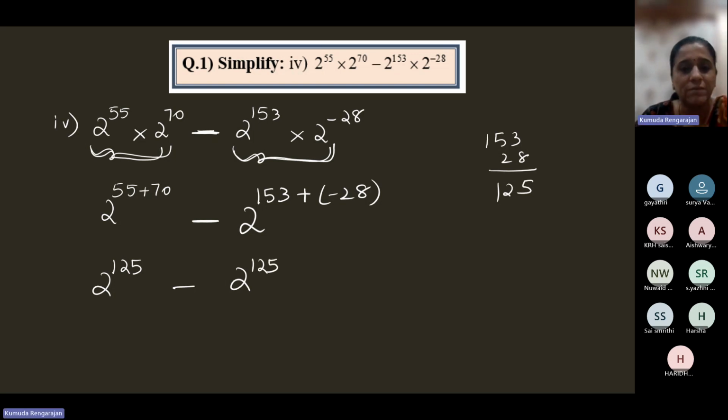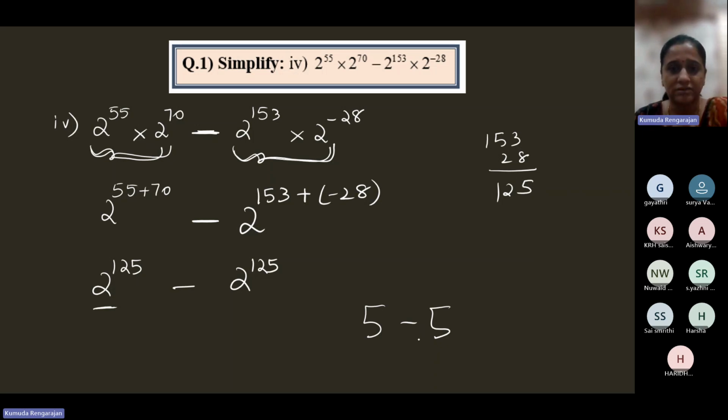So it's like something minus the same thing. Don't find the value of 2 to the power 125. Multiplying 2 into 2, 125 times is very time consuming, and it's not easy to find that value. You don't have to find the value, but you see that whatever is here is removed. It's like 5 minus 5. Something minus the same thing is always 0.